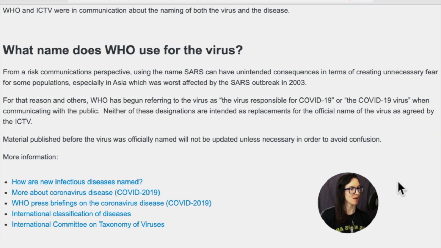For that reason and others, WHO has begun referring to the virus as the virus responsible for COVID-19 or the COVID-19 virus when communicating with the public. Neither of these designations are intended as replacements for the official name of the virus as agreed by the ICTV. Material published before the virus was officially named will not be updated unless necessary in order to avoid confusion.